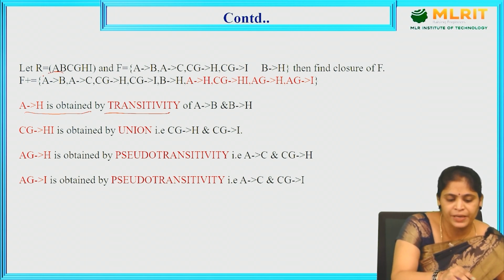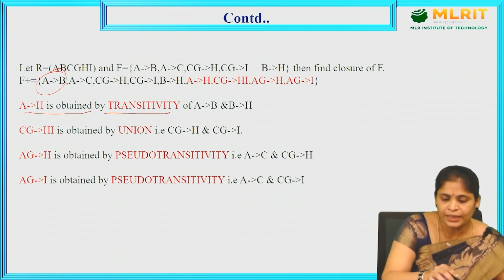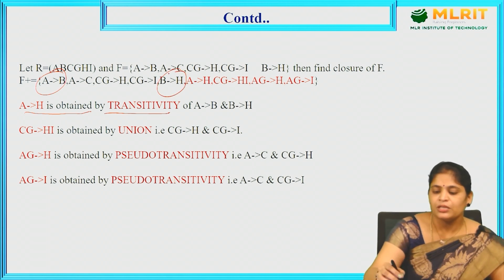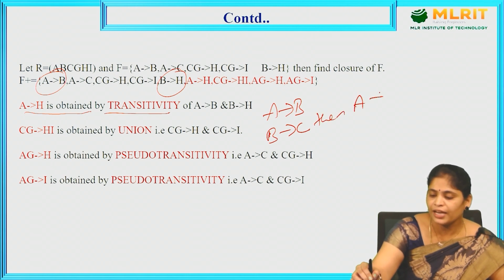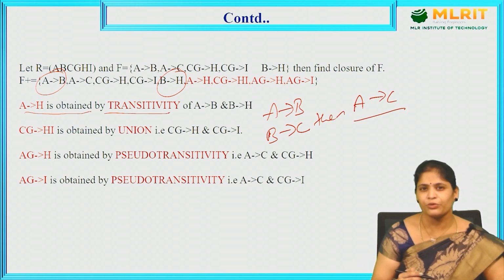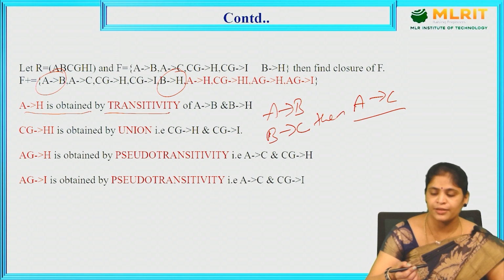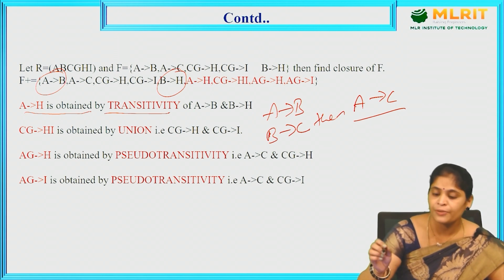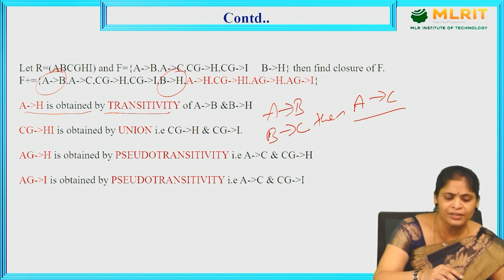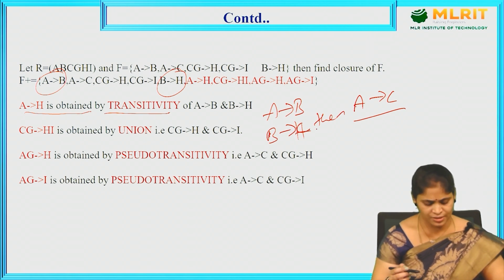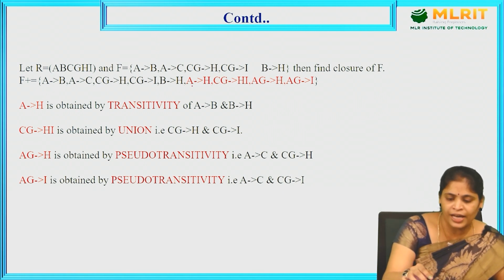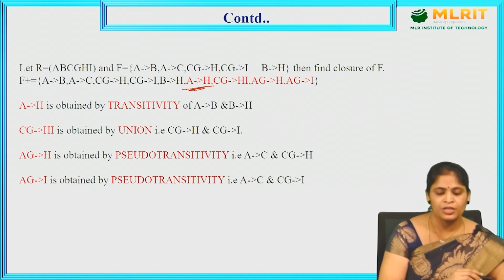A derives B and B derives H. It's just like A derives B, B derives C, then A derives C. This is our transitivity rule in Armstrong axioms or inference rules. Instead of C, here they have given H. That is a simple thing. So, here I have included A derives H.